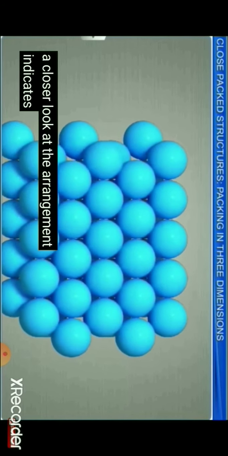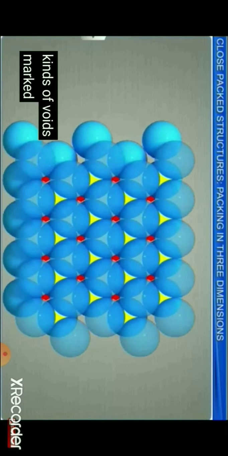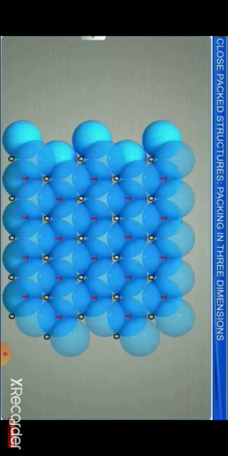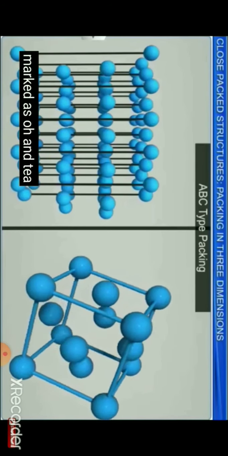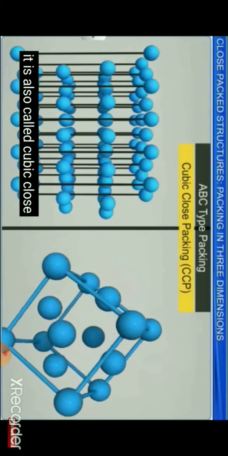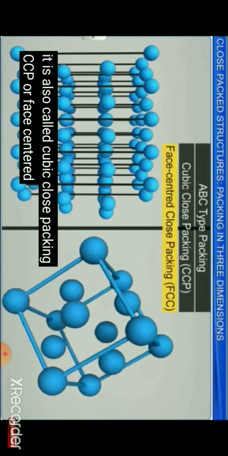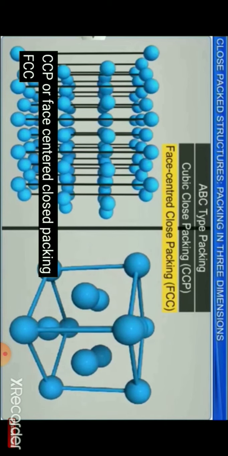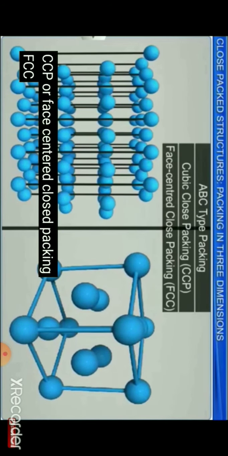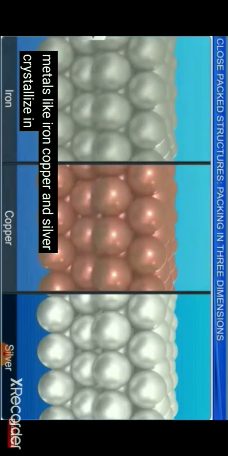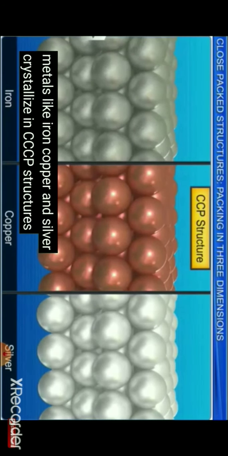A closer look at the arrangement indicates the formation of two different kinds of voids, marked as O and T. It is also called cubic close packing, CCP, or face-centered cubic packing, FCC. Metals like iron, copper, and silver crystallize in CCP structures.